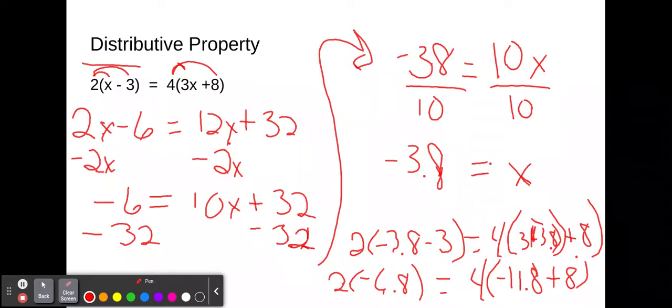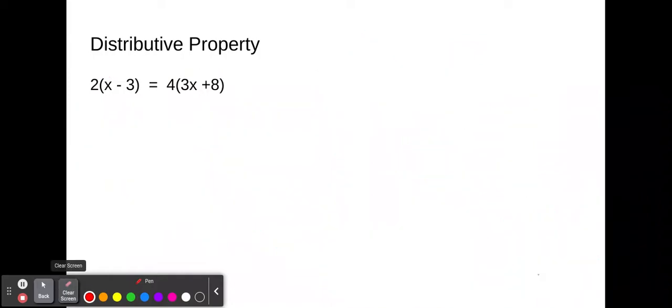That's going to be 11.4, I believe. So those should come out to be the same thing. I'm going to go ahead and move on from there. We're going to go ahead and move to the next problem.